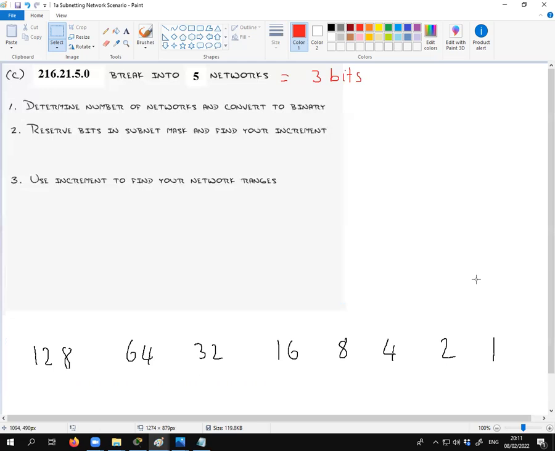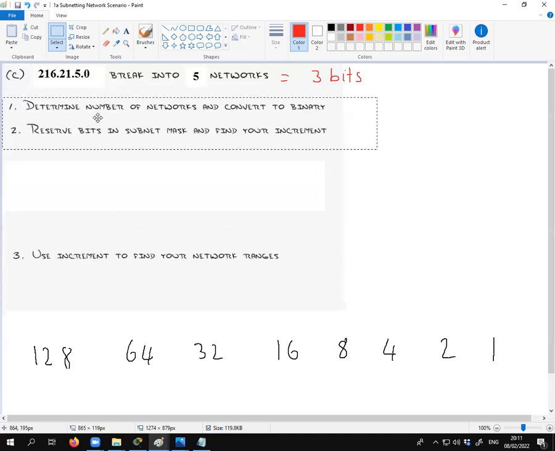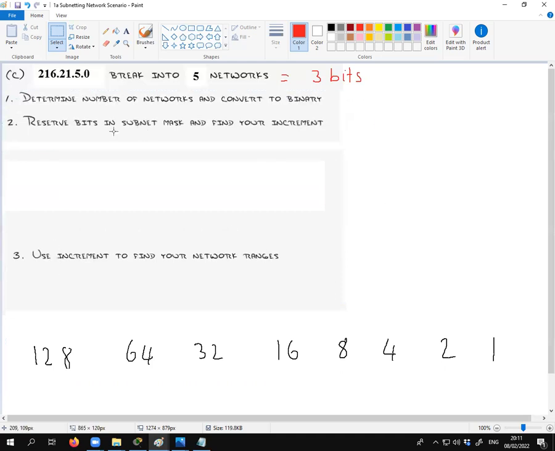Second part. This is where the actual subnetting comes into play. This is where we start chopping up our apple pie. We need to reserve those bits in the subnet mask and find the increment. Now, what subnet mask are we talking about?